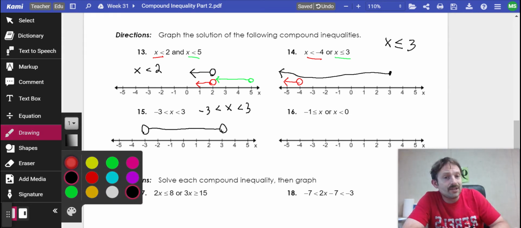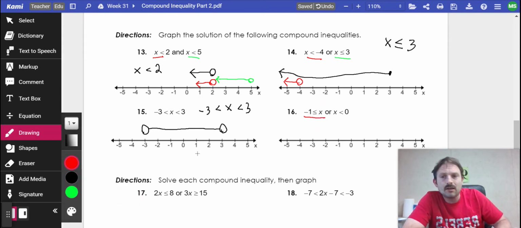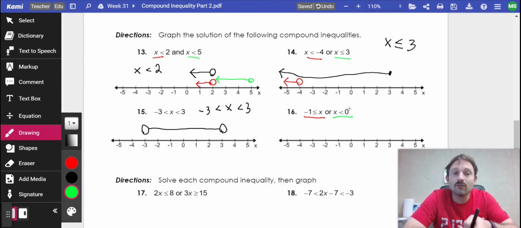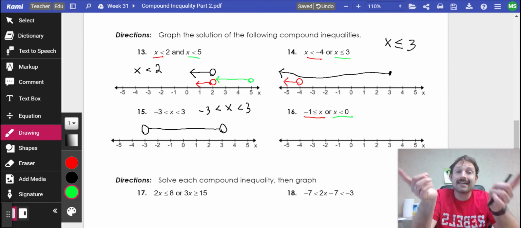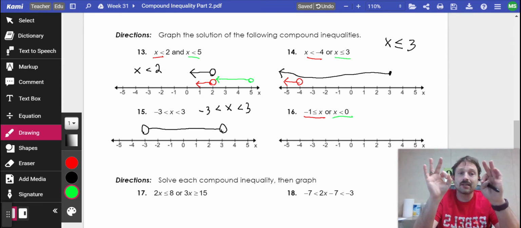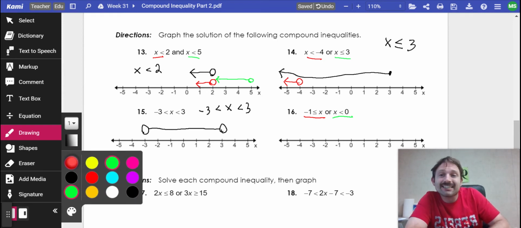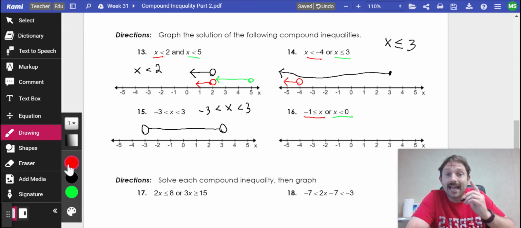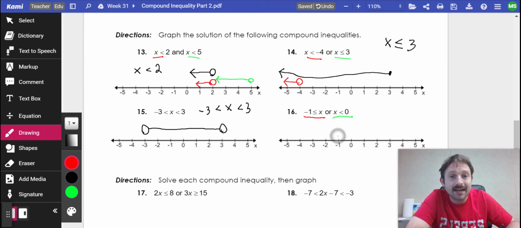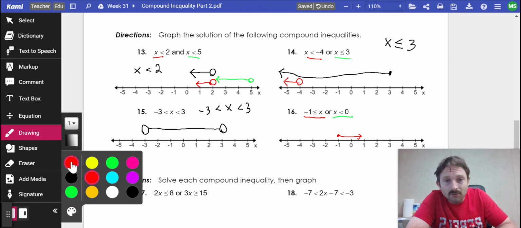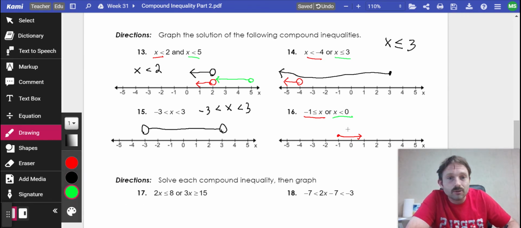All right, so now this one is going to be, do we care if they overlap or do we care where any line touches? 3, 2, 1. We don't care about the overlap because it's not an and statement. The and statements are the only ones where we care about that. So this is going to go this way forever. And x is less than 0 is going to start here and go this way forever.